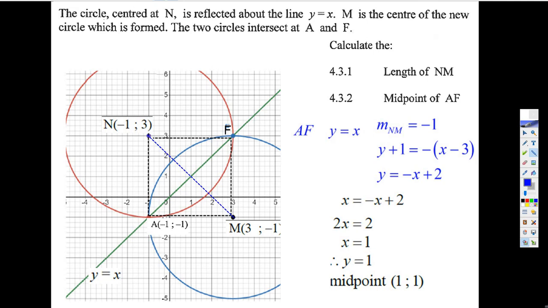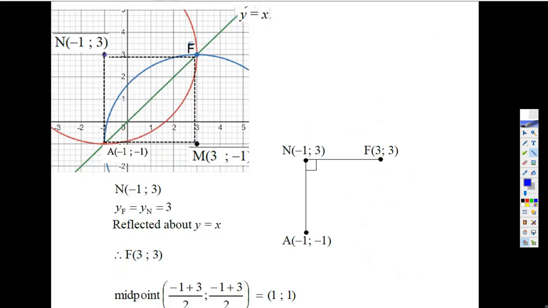Hey, another way of doing it. And here's a third way of doing it. The y-coordinate of F must equal the y-coordinate here, because it's just spinning around this line. This is one way of looking at it when you reflect about y equals x. So that means F is 3 and 3.